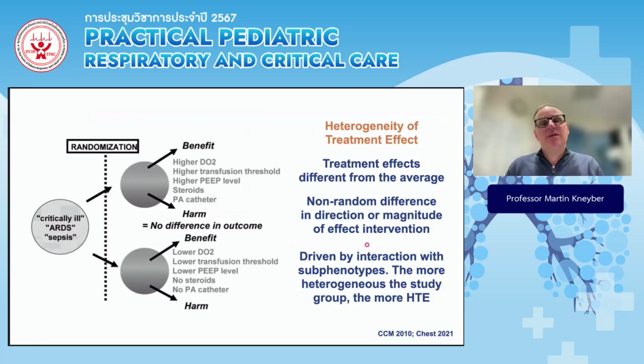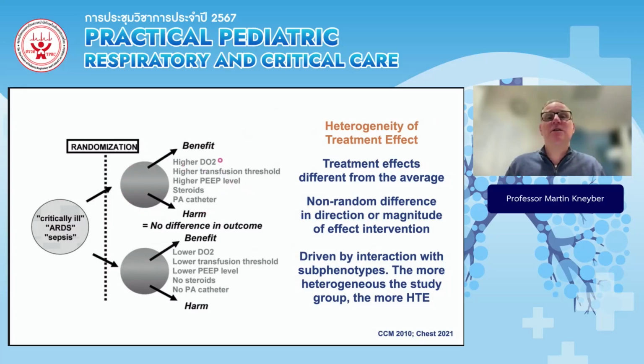Another important factor why we need to dissect PARDS is so-called heterogeneity of treatment effect. Heterogeneity of treatment effect means that you have patients, let's say a critically ill patient or an ARDS patient. You put this patient in a trial, you randomize the patient to a specific intervention, let's say, for example, a higher PEEP level.